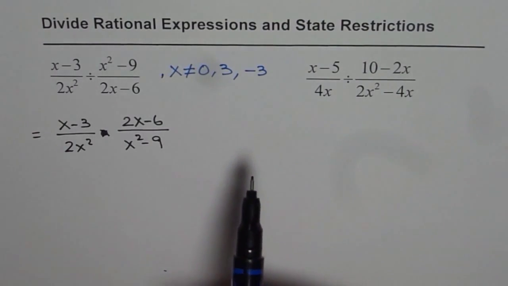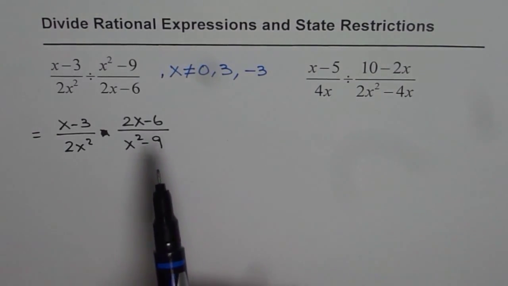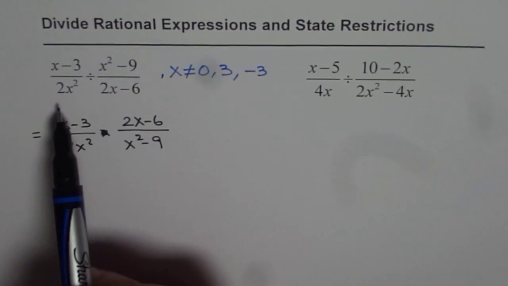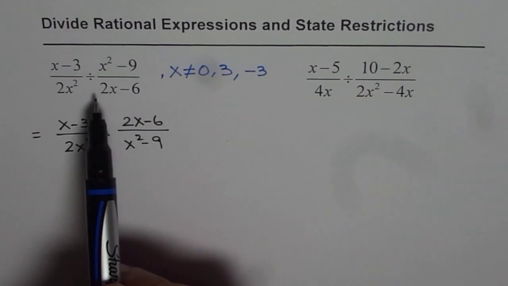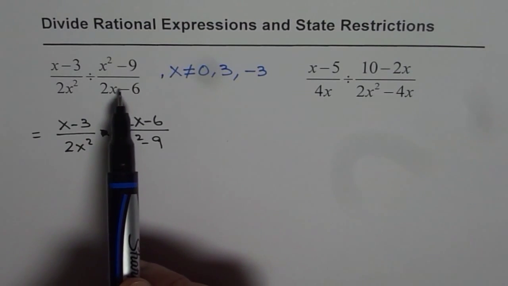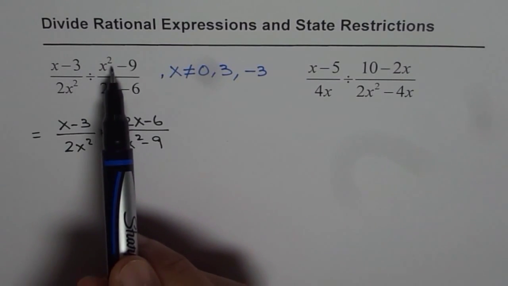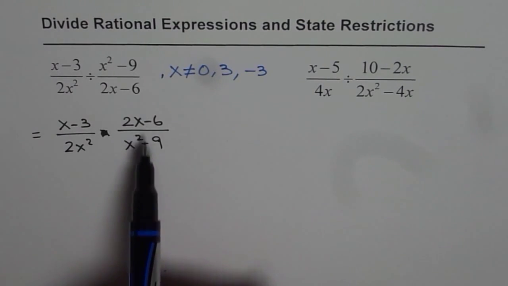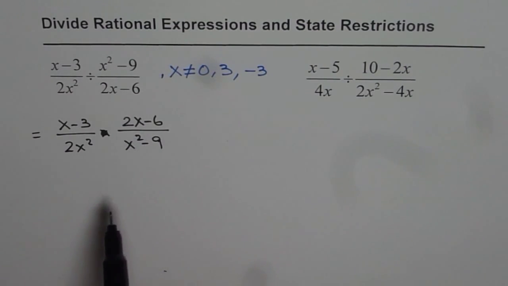So remember one thing: whenever you are dividing, we have to write restrictions of the expressions with denominator 0, but for the divisor, we have to write restrictions for both numerator and denominator, because once you flip, the numerator becomes the denominator. So that's very critical to understand.